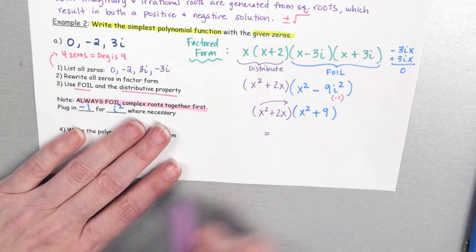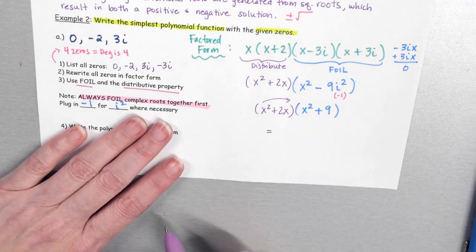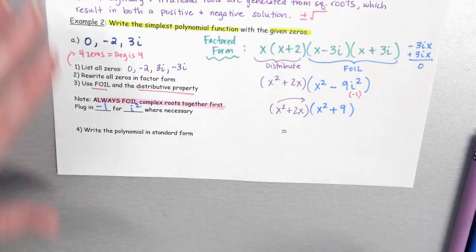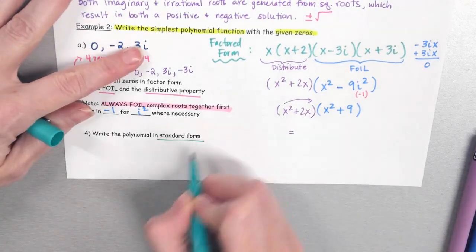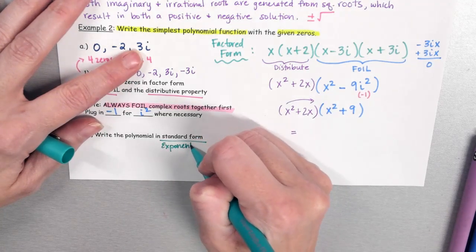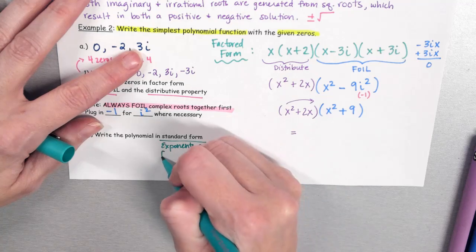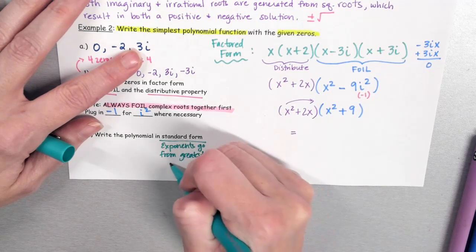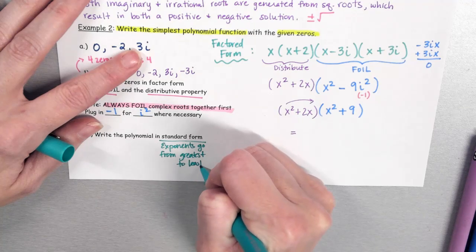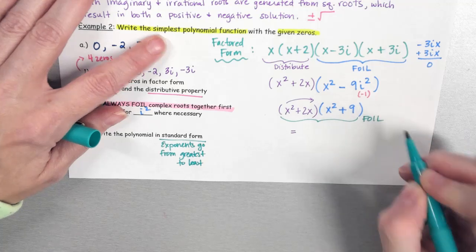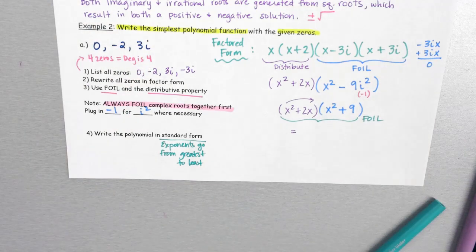Well, really, these are binomials, so you can FOIL. So I want you to FOIL that and then write the polynomial in standard form. So if you're writing it in standard form, your exponents go from greatest to least. Okay, so you can FOIL those. I'll give you a minute to do that.